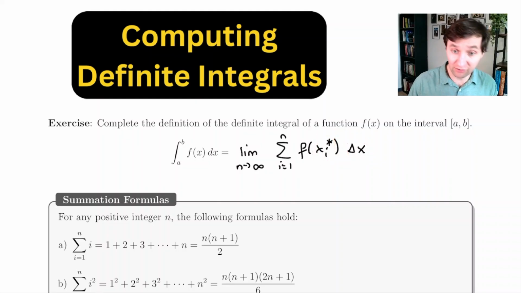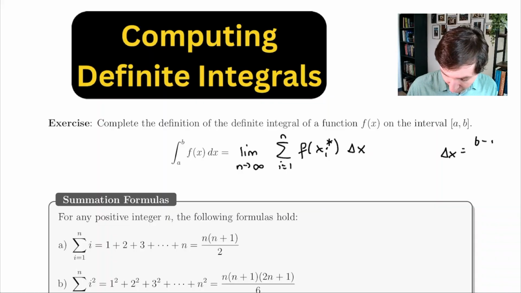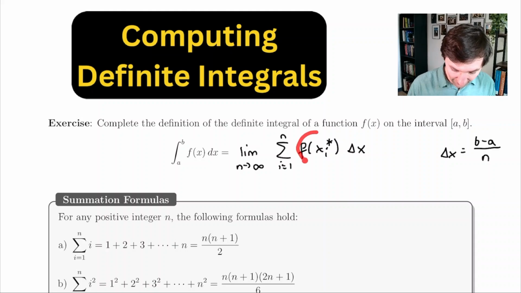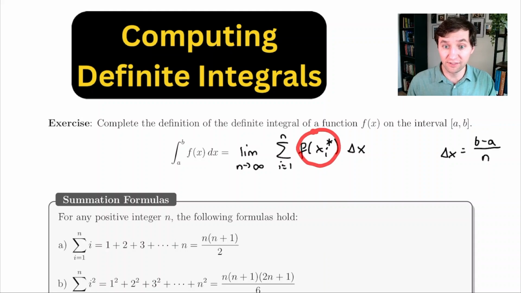It is easy to compute the length of each subinterval because delta x is given by the length of the interval [a, b], which we compute by subtracting a from b, and then dividing it by the number of subintervals. f of xi star gives you the height of the ith approximating rectangle.